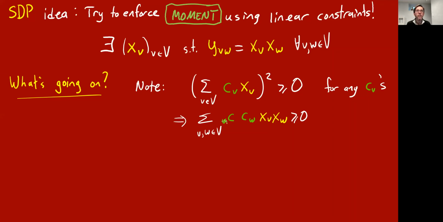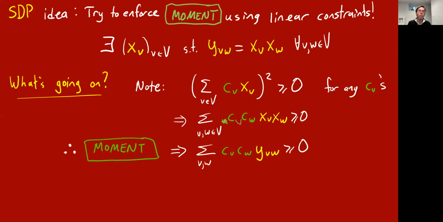Okay, so if I expand this out, this is just a fact of life about real numbers for any green c's. And therefore, if y's are numbers which satisfy the moment constraint, if y's are such that you can find reals x_v, one for every vertex, such that this equation holds, then this constraint will also be satisfied by the y's.